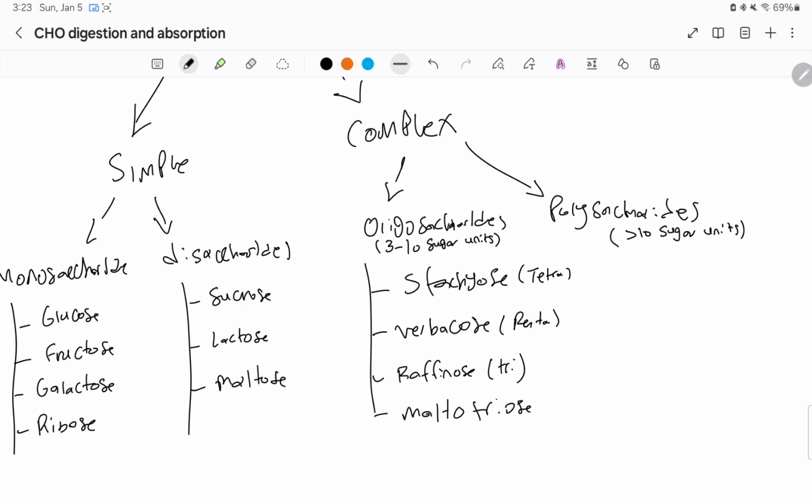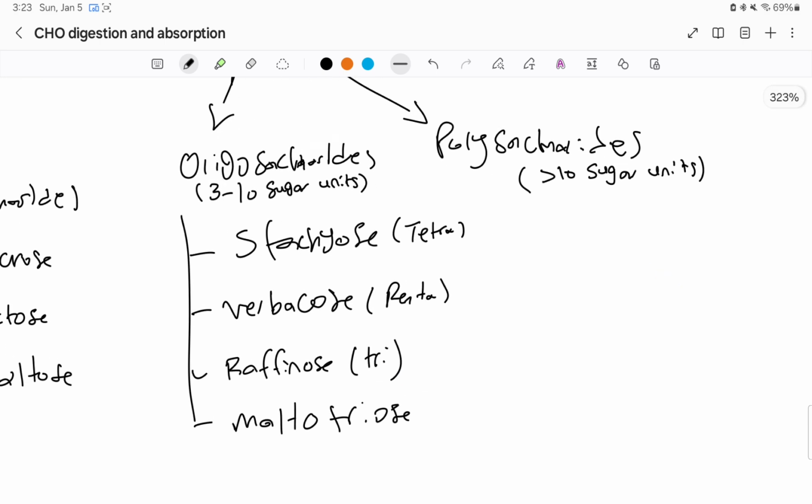You can classify multiple compounds here. For example, starch and glycogen. You guys have heard of glycogen, I'm sure. Mostly found in animals, it's the main storage form of glucose in our bodies.